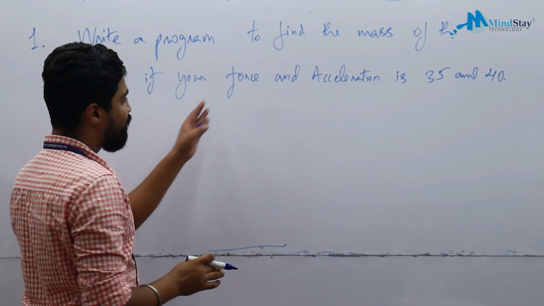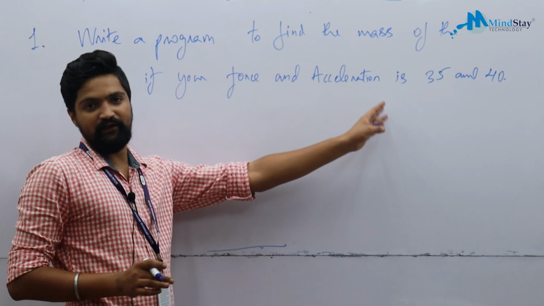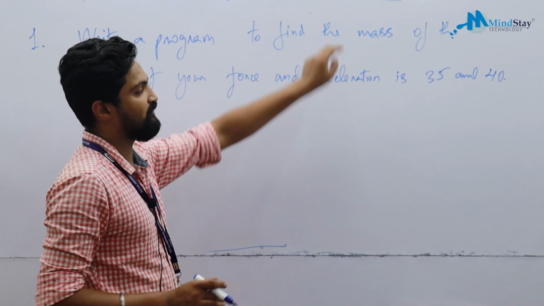If your force and acceleration is 35 and 40, find the mass of the body.